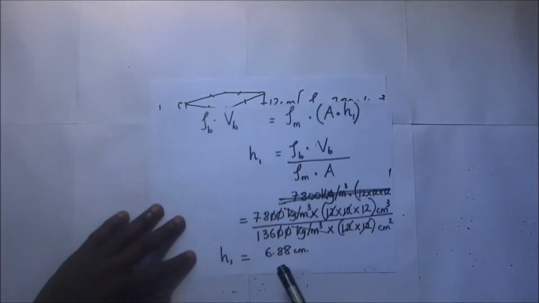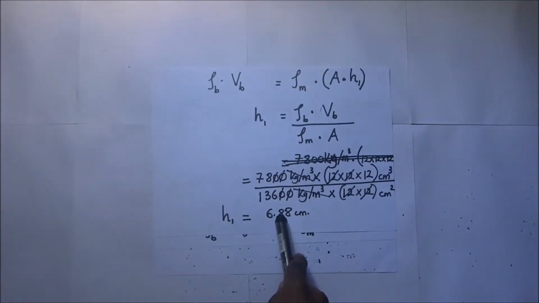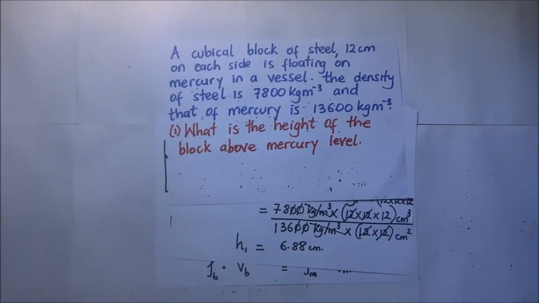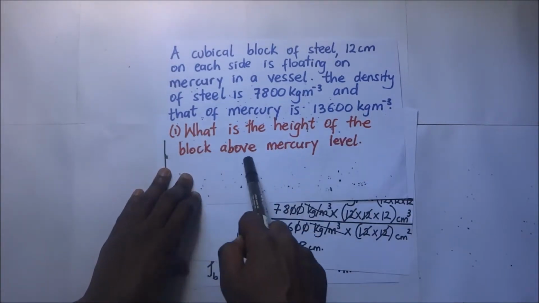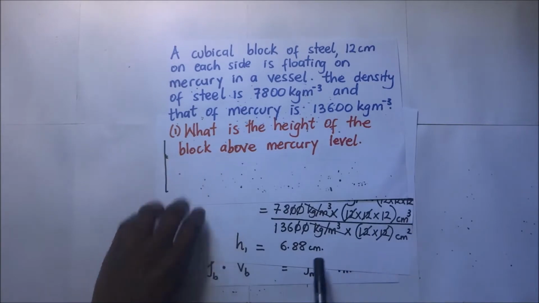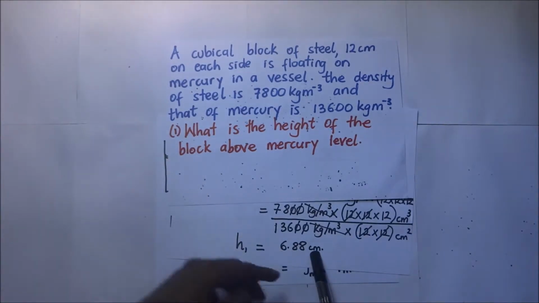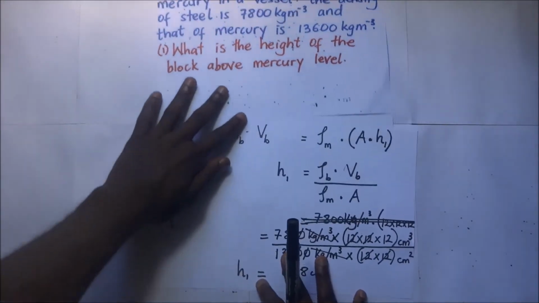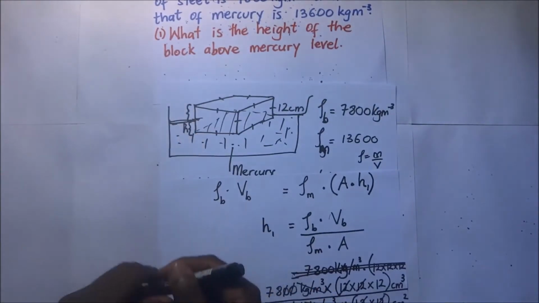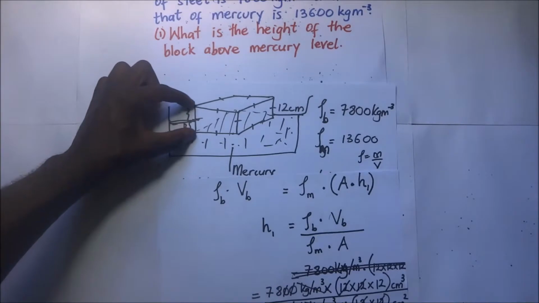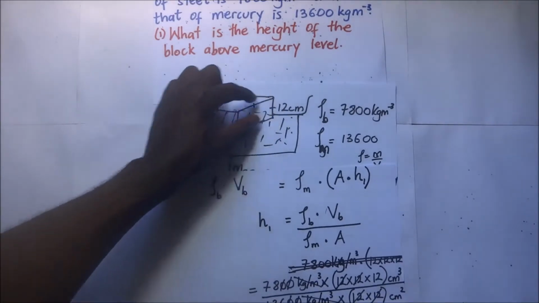But the question is not requiring us to find this height. If you go back to the question, it actually wants us to find the height of the block above the mercury level. So this is the height of the block that has been embedded into the mercury level according to our diagram here. To get this remaining height, we know that this entire height is 12 centimeters.